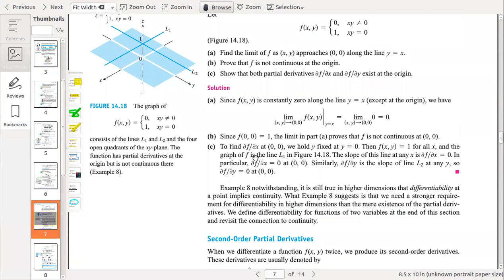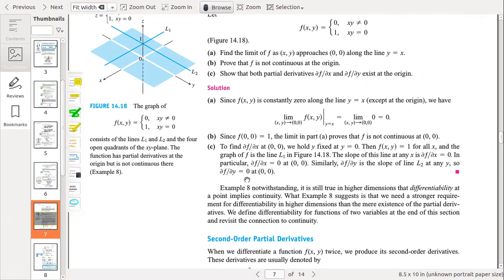Since f of 0, 0 is equal to 1, because if xy is equal to 0, the value of the function is equal to 1, the limit in part A proves that f is not continuous at (0, 0). To find partial f partial x, we hold y fixed at y equal to 0, then f of x, y is equal to 1 for all x.